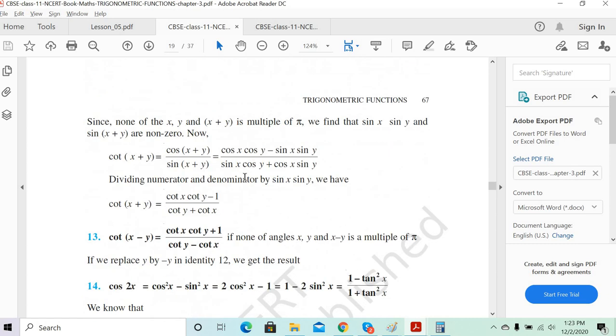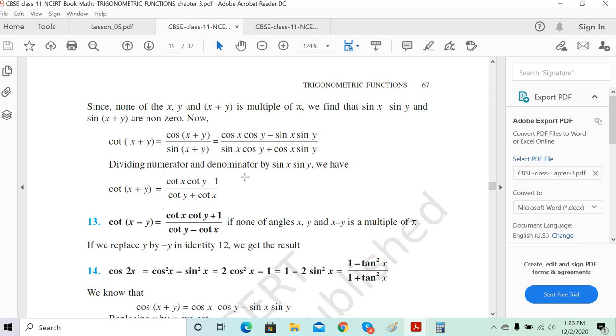Yeah, Tanisha, you got for the cot x plus y? Yes, so I got cot x cot y minus 1, the whole divided by cot y plus cot x. Cot x minus y you did or cot x plus y you did? Cot x plus y, denominator should be, I got cot y plus cot x.